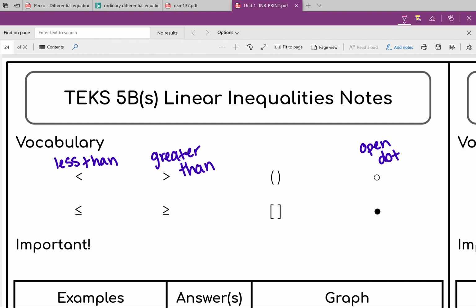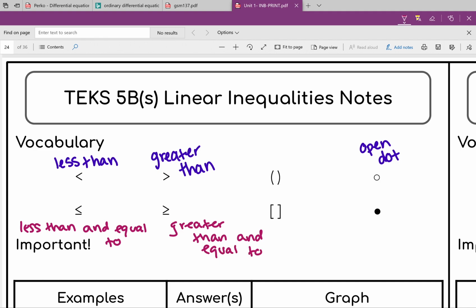Okay. The next symbol is less than and equal to. Then we have greater than and equal to. And then the symbol next to it are called brackets.